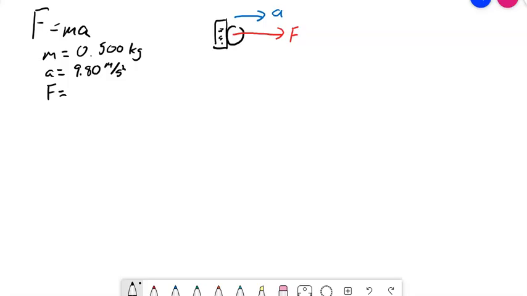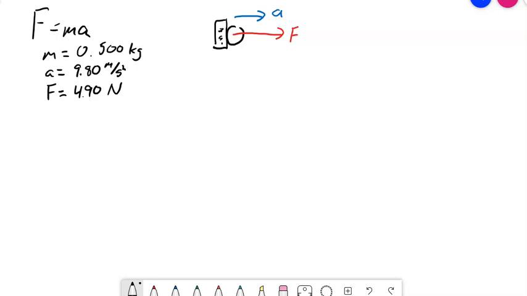When I do the multiplication, I come up with a force of 4.90 newtons. You can do the calculation yourself, but it's really easy. Half a kilogram multiplied by 9.8 meters per second squared gives us 4.90 newtons. So that's how much force I have to apply to get the object to accelerate with that much acceleration.